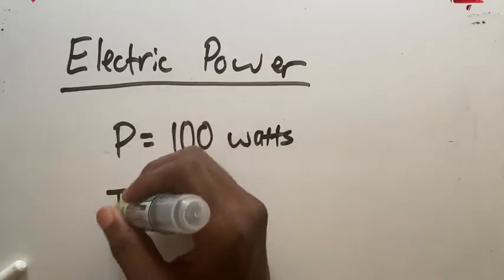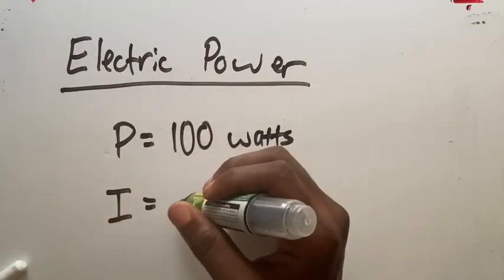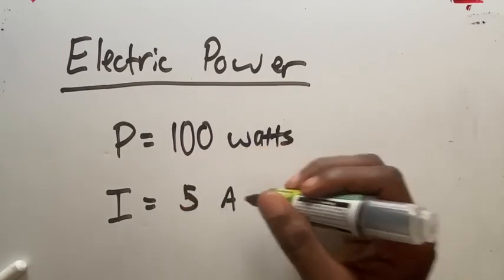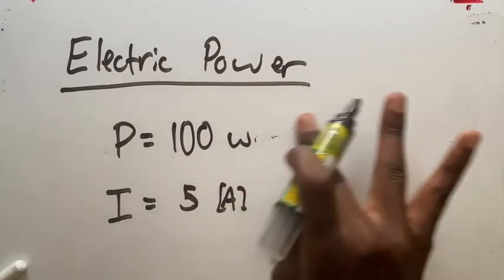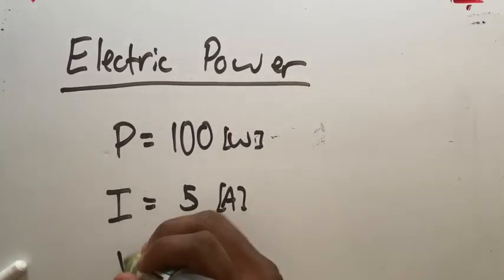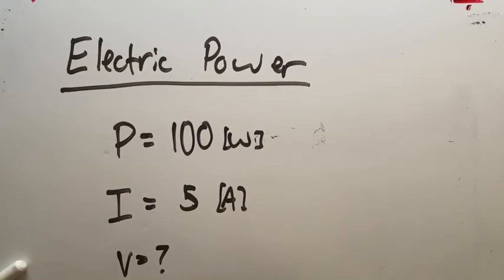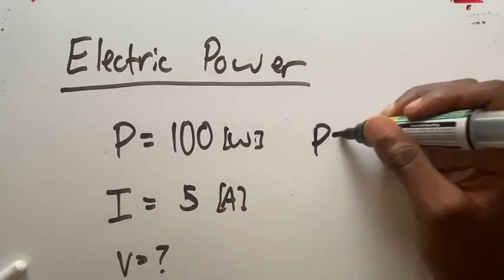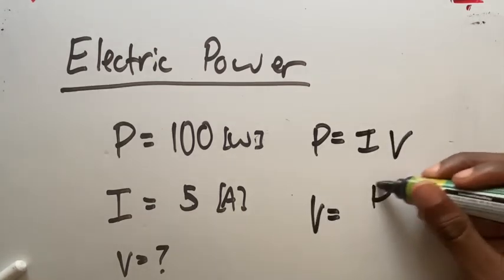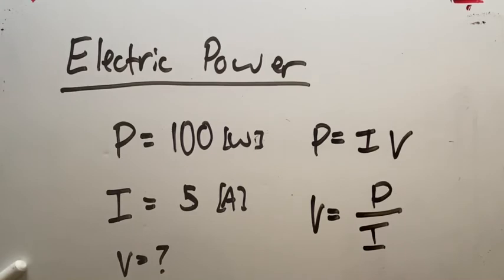And the current going through the light bulb is, let's say, 5 amps. Then what is the voltage? Well, we know power equals I times V. So to find the voltage, we'll take the power and divide by the current.